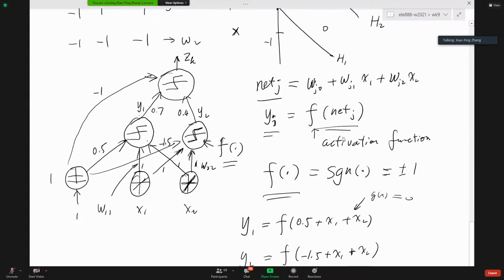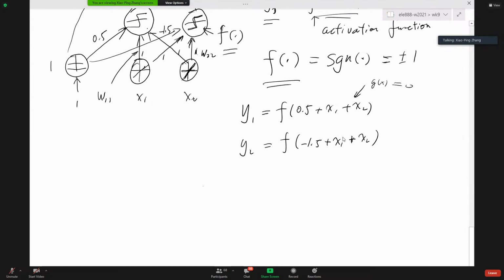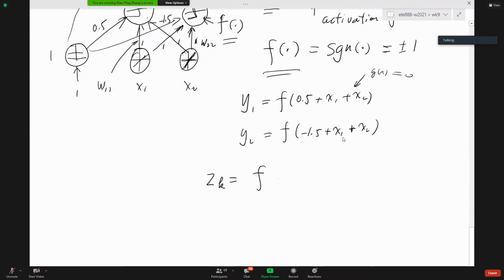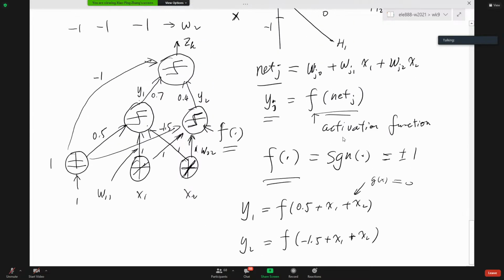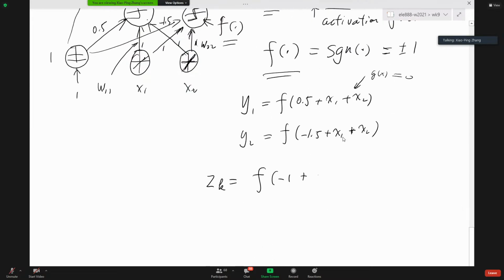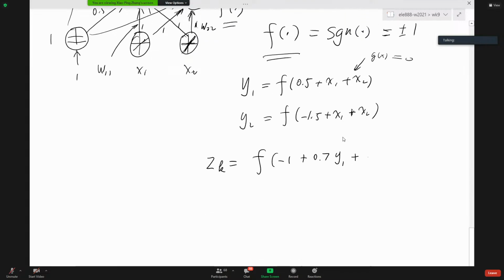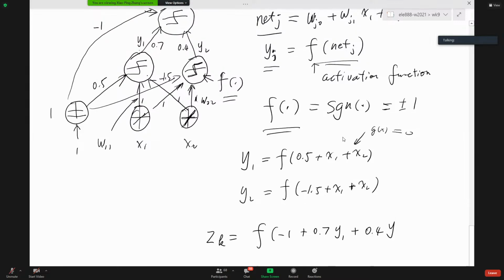Then this z of k is also equal to f, where the function is f(-1 + 0.7 y1 + 0.4 y2).